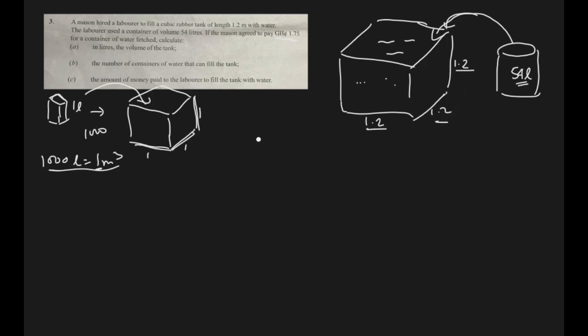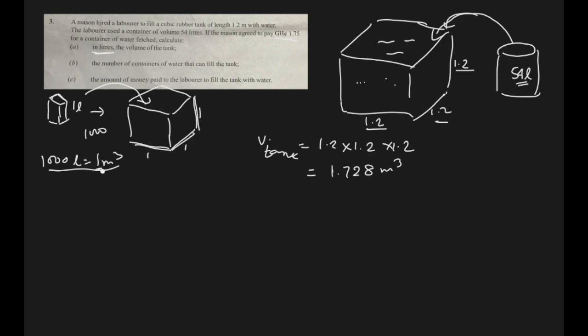That's what we'll do. So the volume of the tank will be 1.2 times 1.2 times 1.2, which is 1.44 times 1.2, which is 1.728 meter cube, right? But we want this in liters.